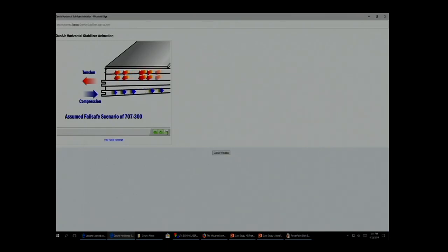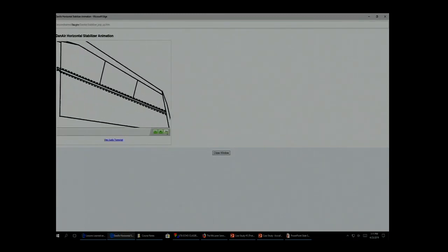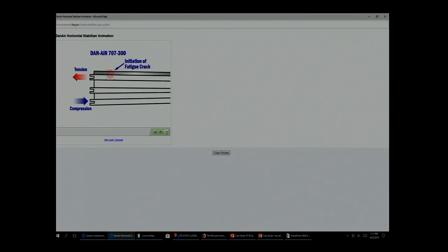The in-service failure of the Dan Air stabilizer initiated outboard of the attachment lug. The cracking initiated at the 11th fastener, attaching the skin and stainless steel plate to the rear spar upper cord, a distance of about 11 inches outboard of the lug. The cracking at this location can be attributed to the addition of the stainless steel plate to the upper surface of the stabilizer.